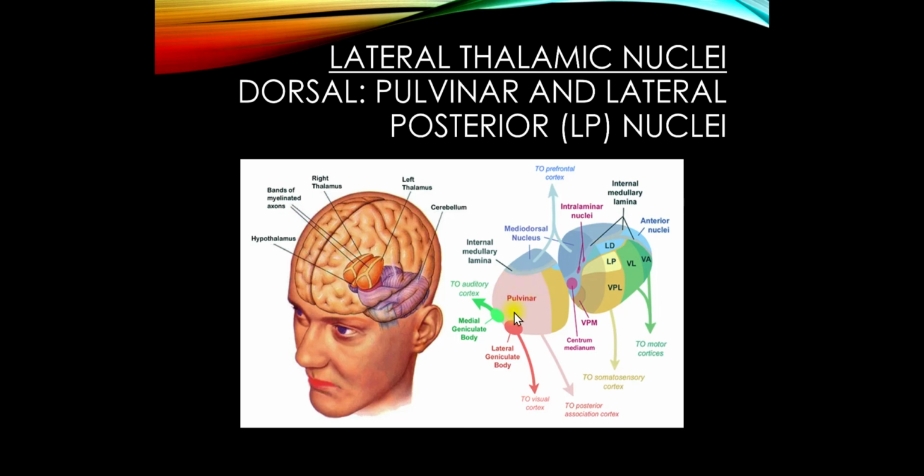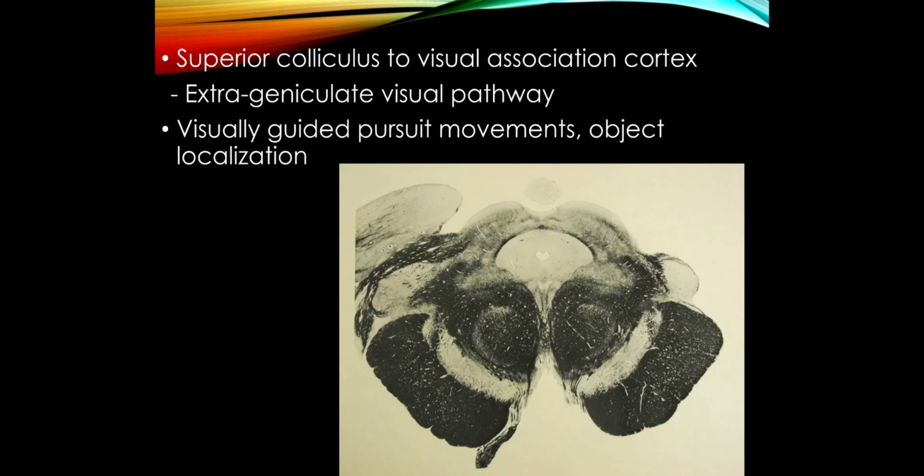The pulvinar is a very large thalamic nucleus, and it works together, with essentially the same function, as the lateral posterior nucleus right here. Both of these, the pulvinar and the lateral posterior nucleus of the thalamus, have to do with vision, but not visual acuity.